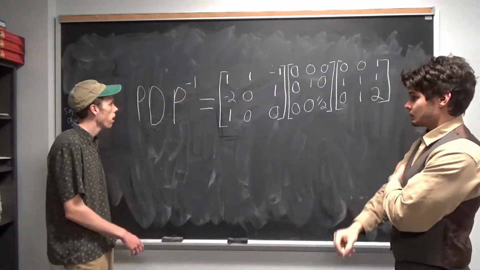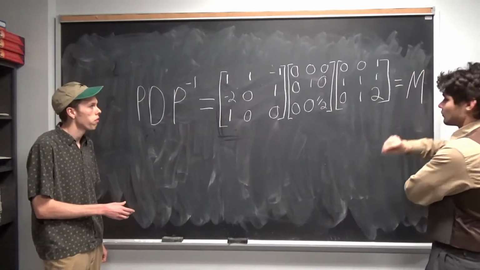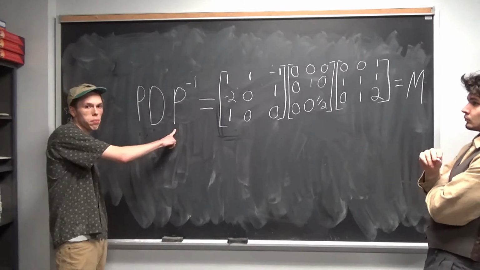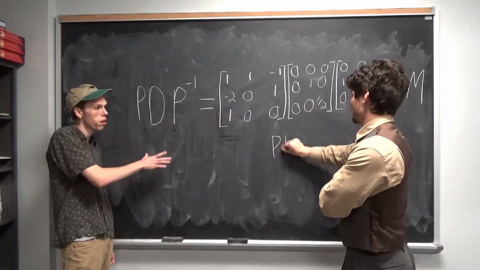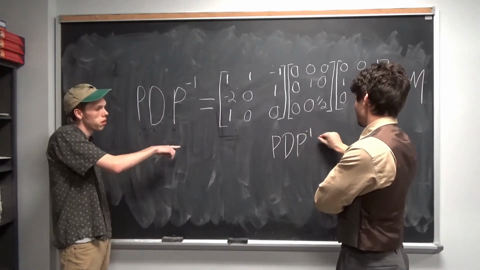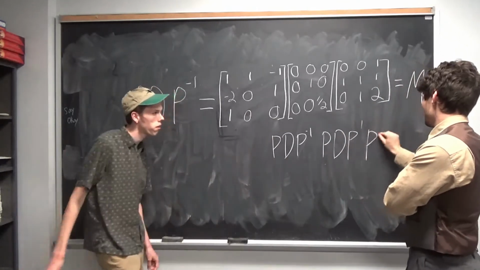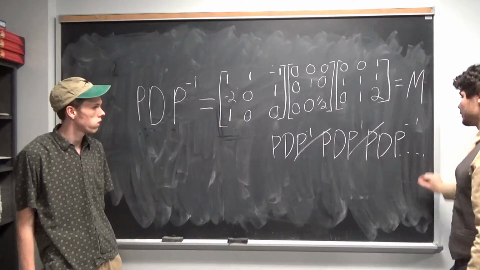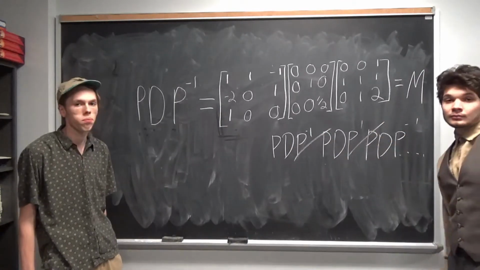Yes, and recall that the reason it's easier to take powers of a diagonal matrix is because the P matrix and the P inverse matrix cancel out with each other when you raise this whole expression to a power. So it ends up just being P, D to whatever power you're taking it, P inverse. So you're left with the P piece, the P inverse piece, and D to the n in the middle.